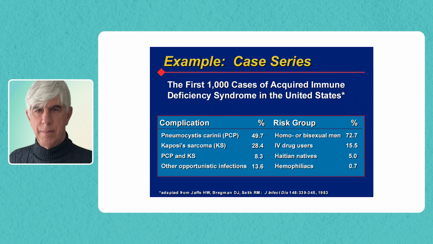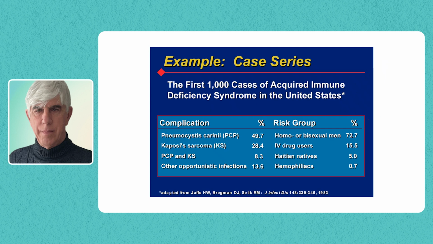This is an example for humans: when there was AIDS, the very first 1,000 cases were just collected and described, without controls. Just by describing, for instance, the presence of complications and the etiology of AIDS, most of the epidemiology of AIDS was revealed.